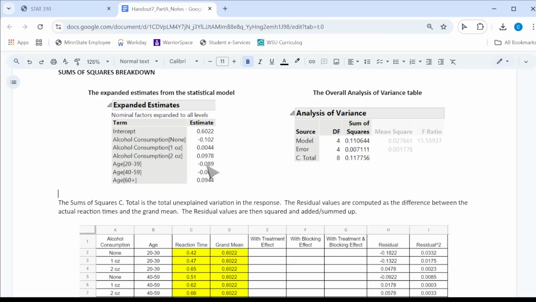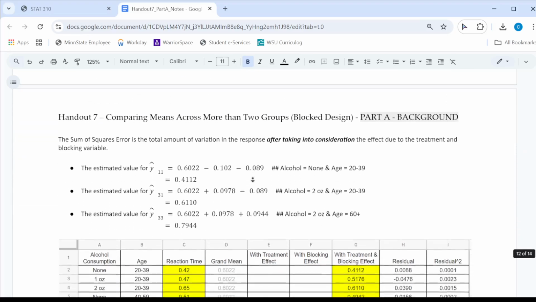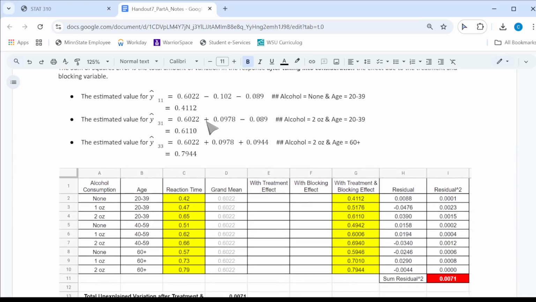But they're young, so I'm going to adjust that down by about 0.09. So that's going to leave about a 0.61 or so. So let's see exactly what that math does. Overall, I'm adding some reaction time because they took 2 ounces of alcohol, but I'm subtracting some reaction time because they're young. So that's where I'm getting that 0.6110.